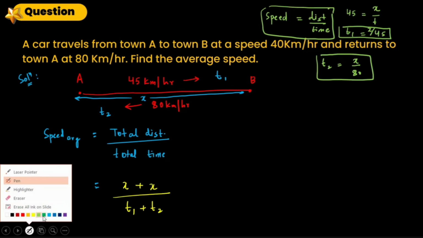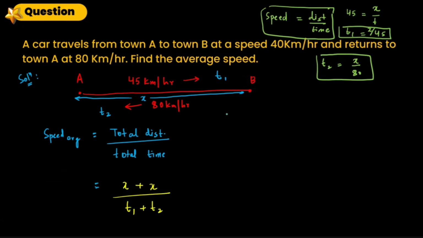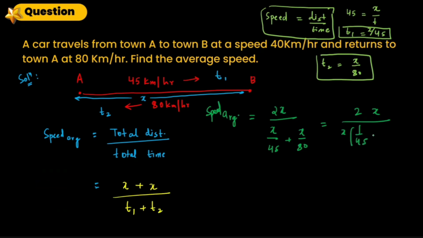So let us substitute the values back into the average speed relation. So average speed is going to be x plus x, that is 2x, and here we can write x upon 45 plus x upon 80. So we'll get 2x, and here we'll get 1 by 45 plus 1 by 80.